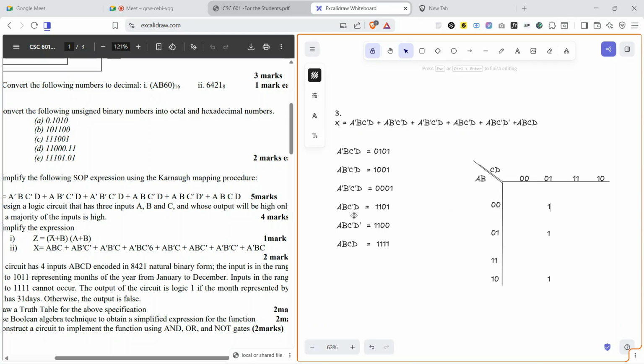Then what's the next one? 1001, which is this. So you write 1 here. Then 1100. So you write a 1. And then 1111, which is this.